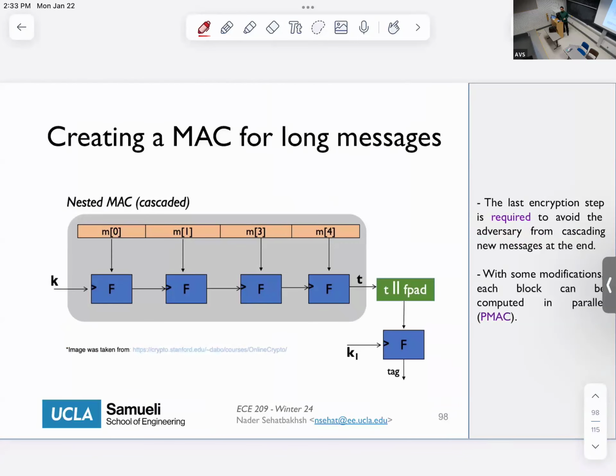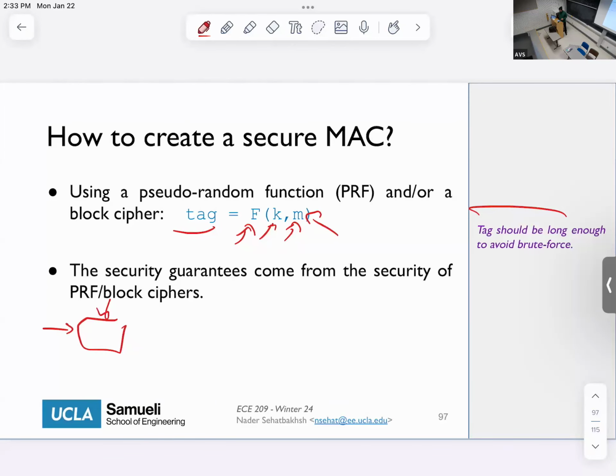The second question becomes, okay, if I have multiple messages, how do I do a tag for those messages, okay? A similar problem that we had in block ciphers was, if I have multiple blocks, how do I encrypt them? And if you remember, I told you that we need to make them connected to each other somehow. We started with a nonce and a counter, and together we call this an IV.